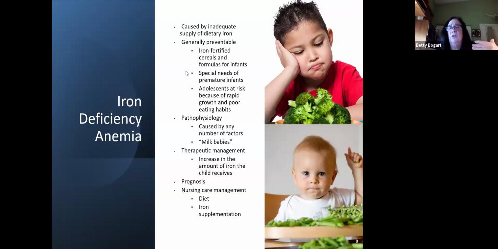So how do you correct? Now, this kid's getting to be that toddler, closing his mouth, doesn't want all those green leafy vegetables and all that good stuff that has iron in it. Well, we might need to give iron supplementation. Do you remember how to give iron from pharmacology for a child that's a liquid? Well, remember, it is brown and it stains, so give it through a straw so the teeth don't get stained, on an empty stomach.